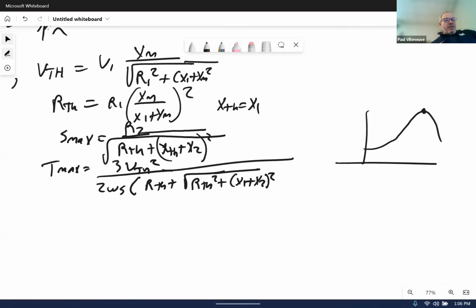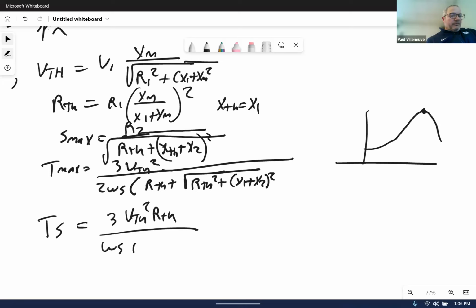And then the last thing was T starting, which was your T equation that we had developed a little while ago. And then you're just going to set S equal to 1, sorry.